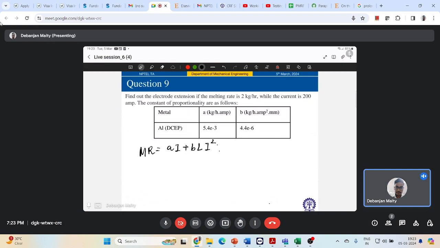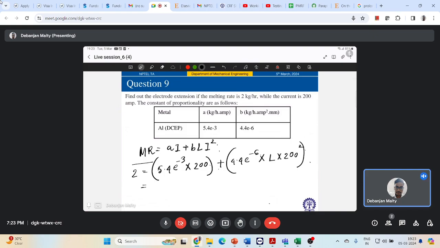So the melting rate is provided as 2 kg per hour, and this is given as 5.4 E minus 3 into 200, that will be kg per hour, plus 4.4 E minus 6 into the electrode extension L into 200 square. How much will this be?